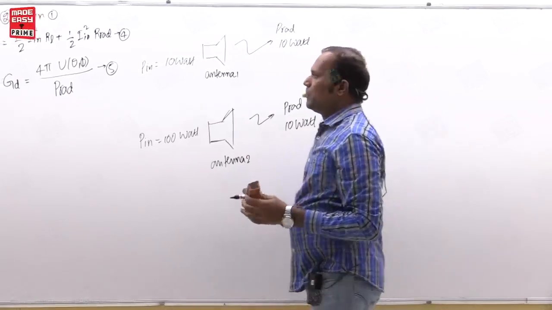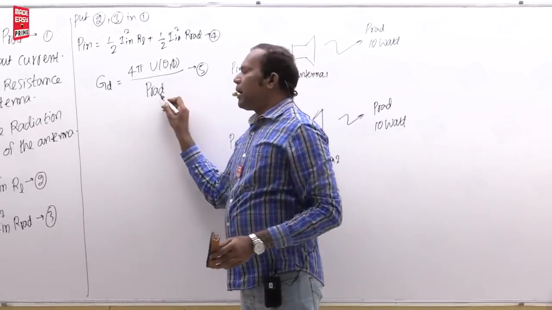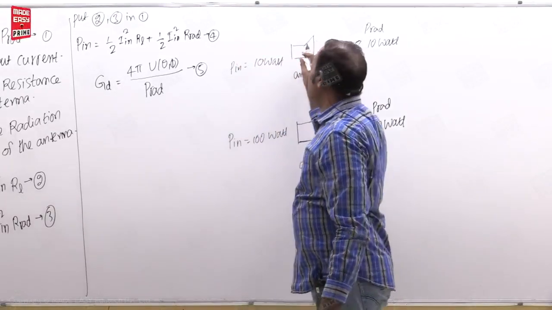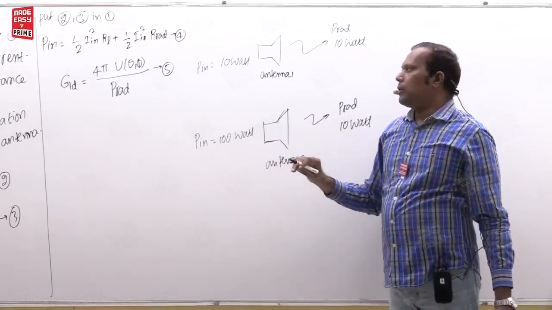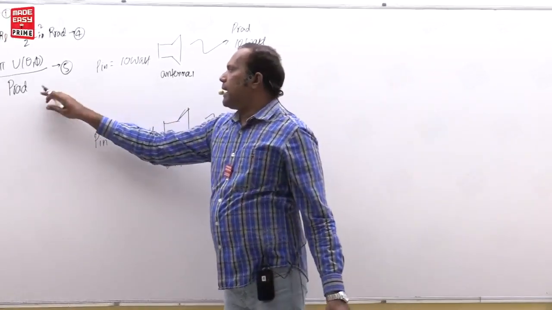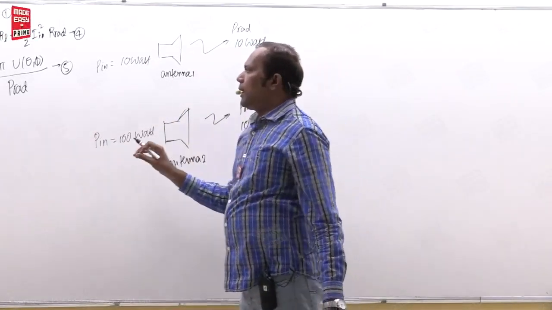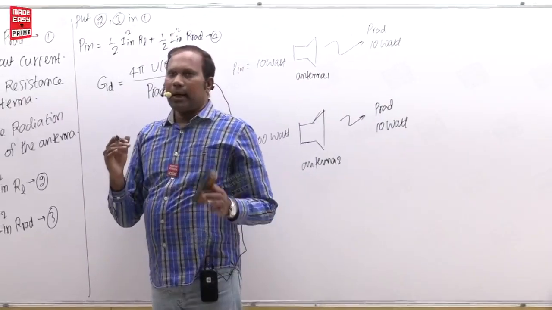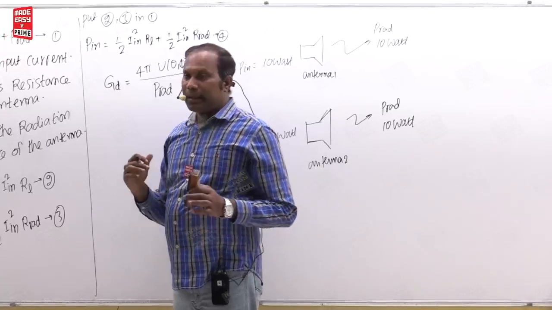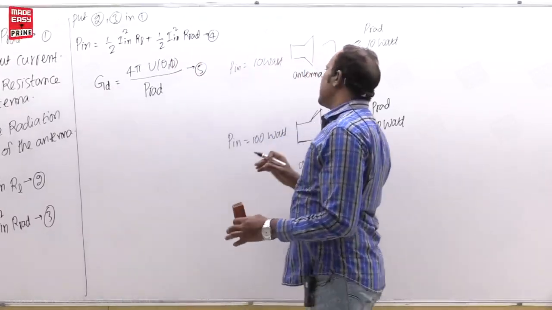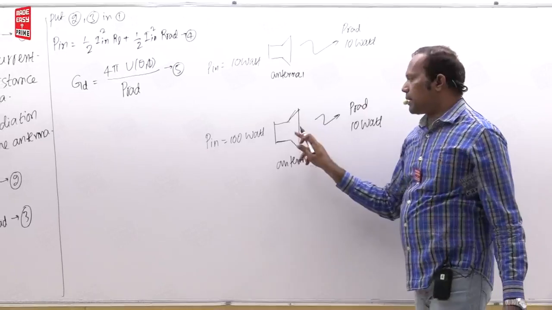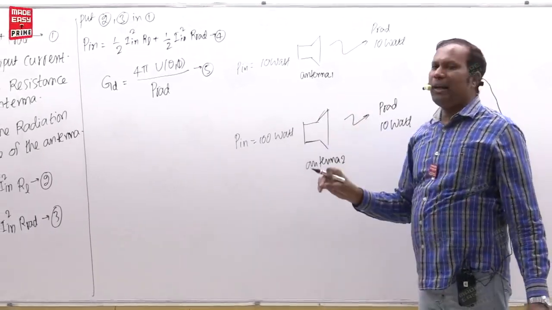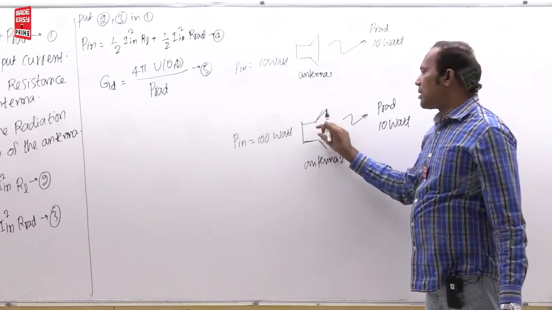So in directive gain, power radiated is taken, which means the directive gain of these two antennas will have the same power radiation. That is why the directive gain definition is not completing the antenna property. You have to consider power loss also, because some antennas have so much loss. So you have to give a new definition which has power loss also.